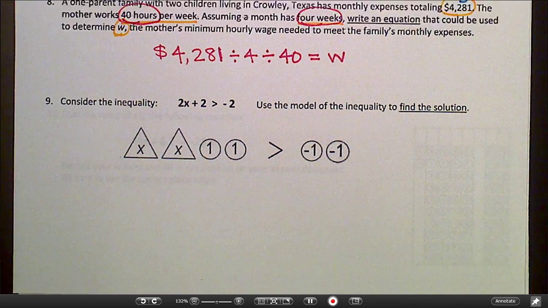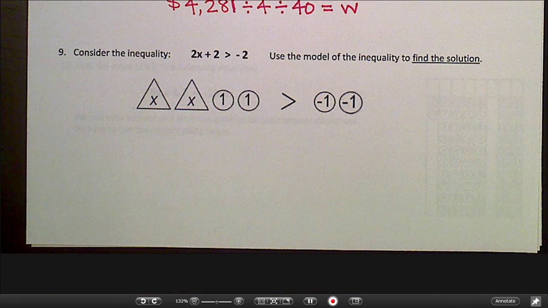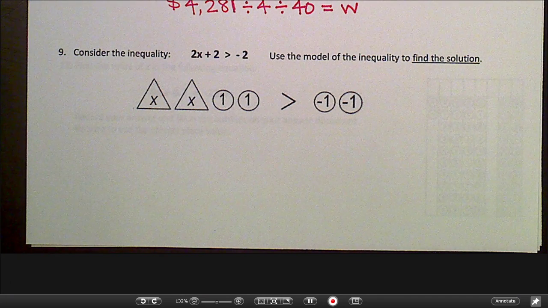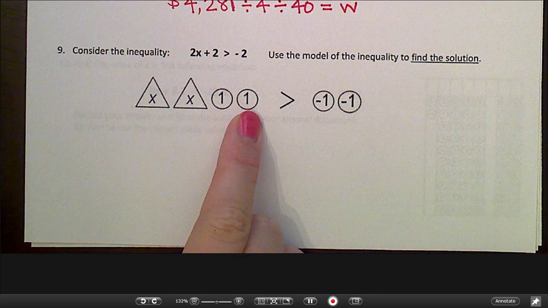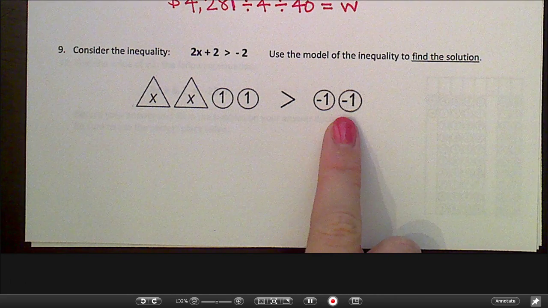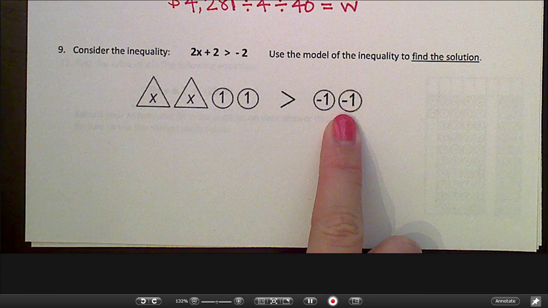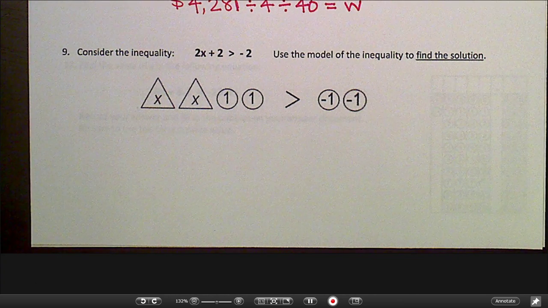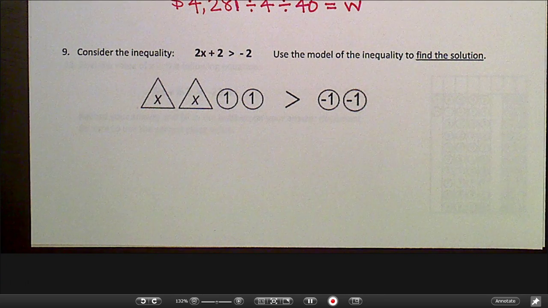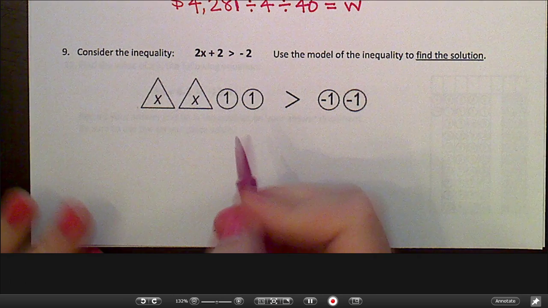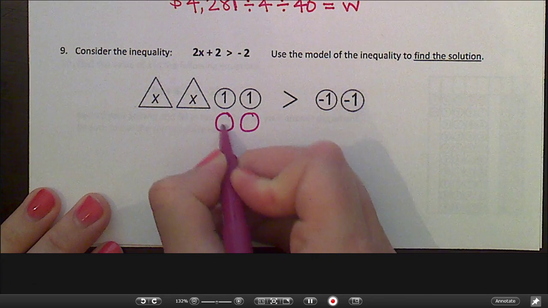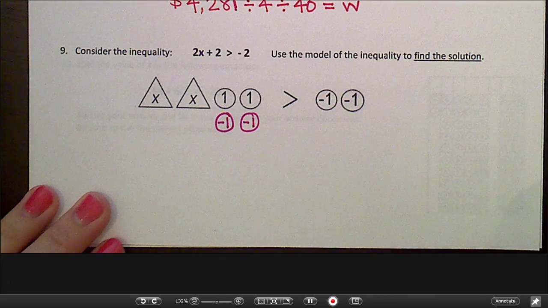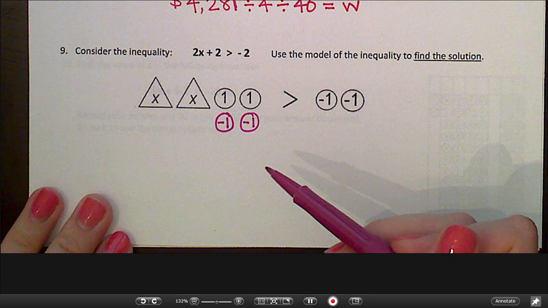All right, so number 9. We have pictures again. We have 2x plus 2, so we have 2 x's plus 2 is greater than negative 2. We're going to solve this 2 different ways. So the first thing I need to do is get rid of this plus 2. Well, to get rid of the plus 2, I have to have 2 negatives there as well.